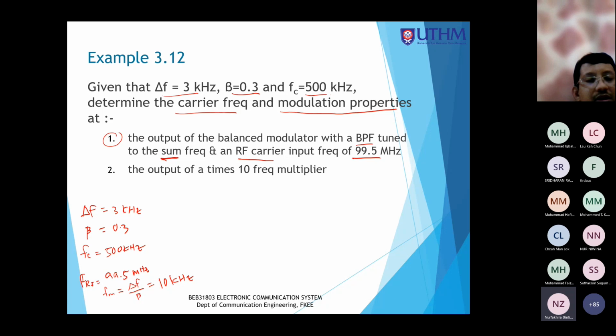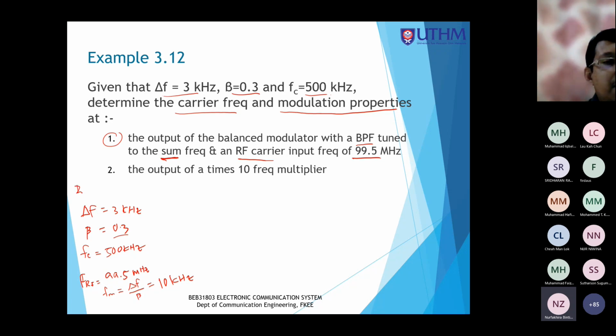And what else can I determine? I can also determine the bandwidth if I'm using Carson, because if you see from the Bessel table, I think there's no 0.3, if I'm not mistaken. So what we can do is find the bandwidth using Carson.